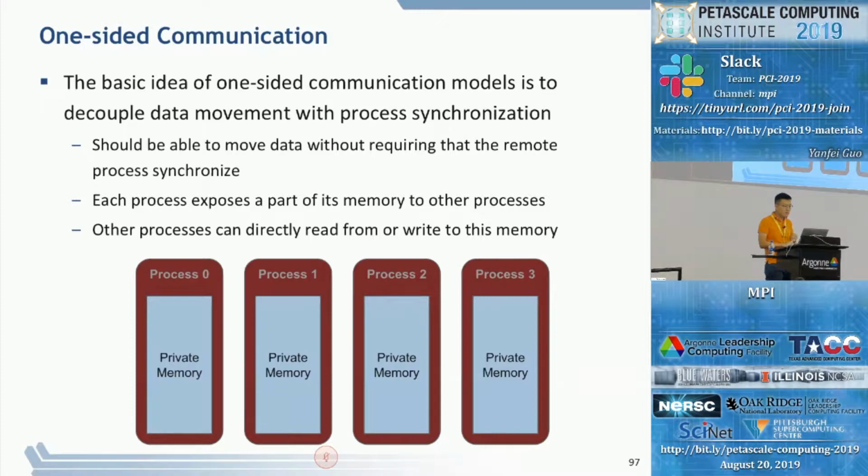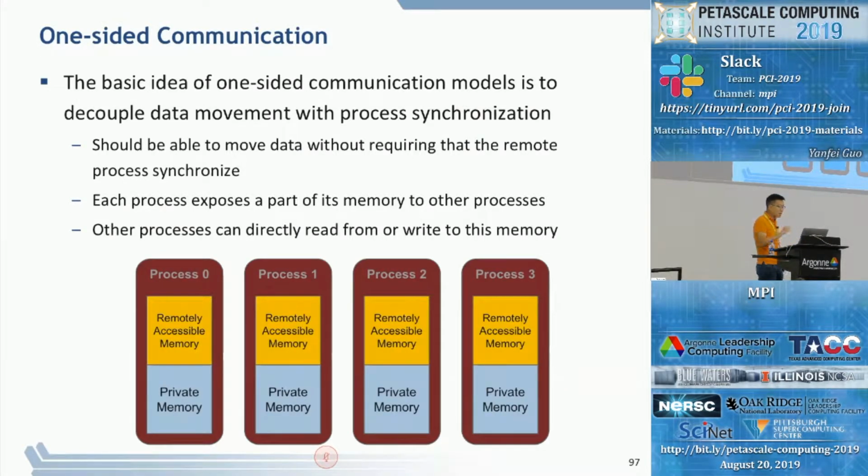So what we can do is, each process has its own private memory when the process starts. At a given point of the program, the application can decide, I want to make part of my private memory remotely accessible by a remote process.